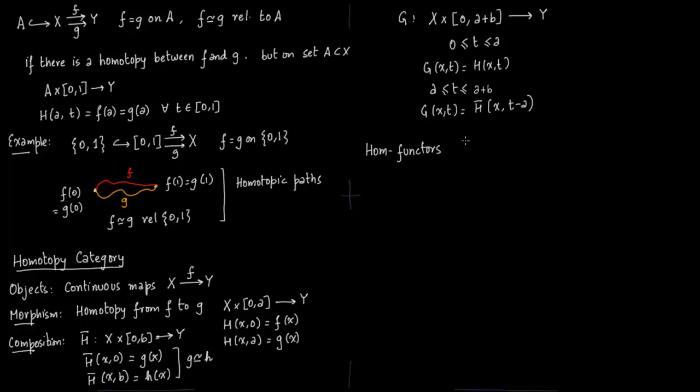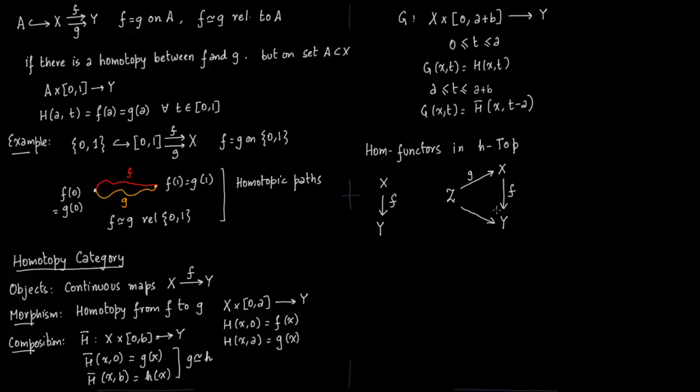So now we want to talk about hom functors in this homotopy category, which we will denote by h top. So say you're given the object f, which is the map from x to y. So then say you are given another map, say map from z to x. So this is map G, and you already have map f.